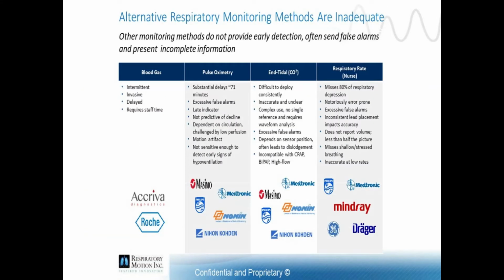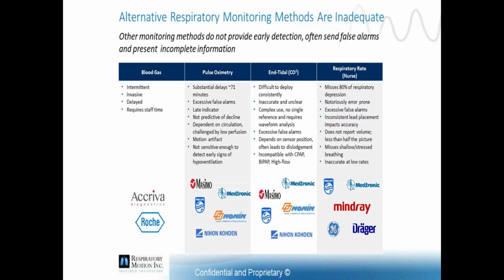Dating back to Hippocrates, we have been able to look at a patient and see if they're breathing. But further clinical assessment is very subjective, like is the breathing shallow or labored? Blood gases, which are invasive, only became available in the 1970s.